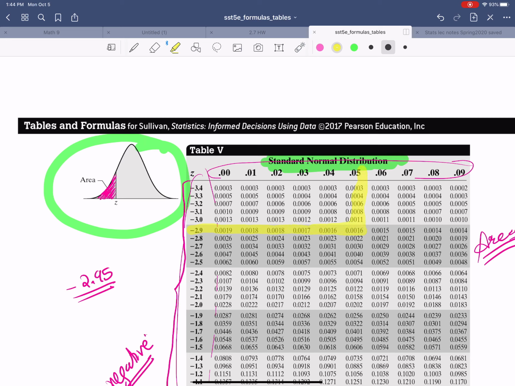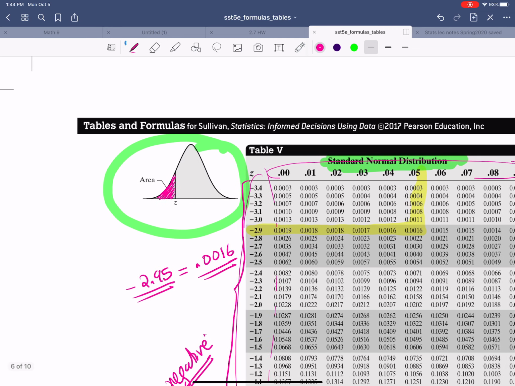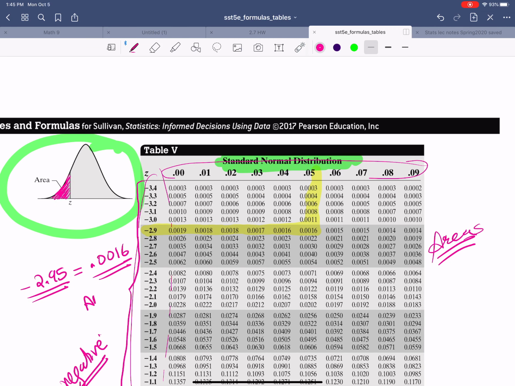Wherever these two columns meet, that is the area to the left of negative 2.95. And that looks like 0.0016. So if my z-score is negative 2.95, I have about 0.16% area to its left. Again, this table gives us area to the left.